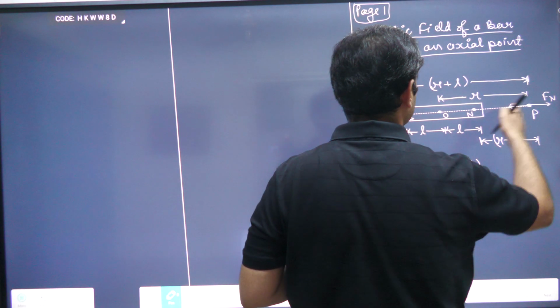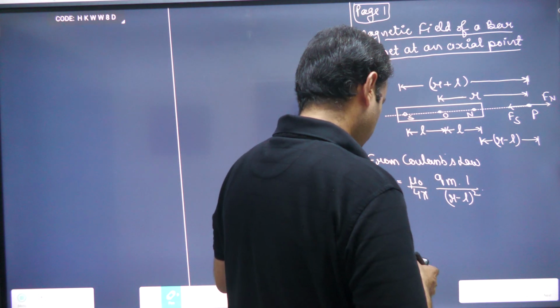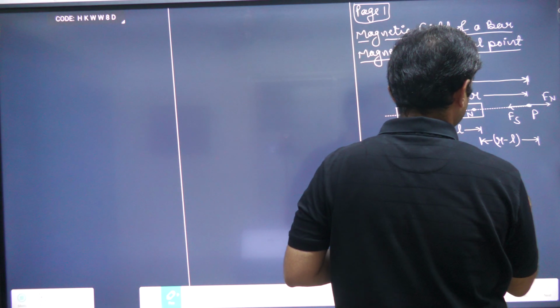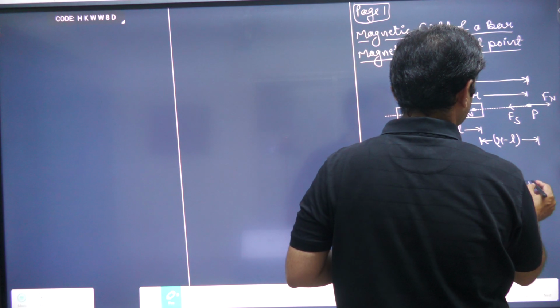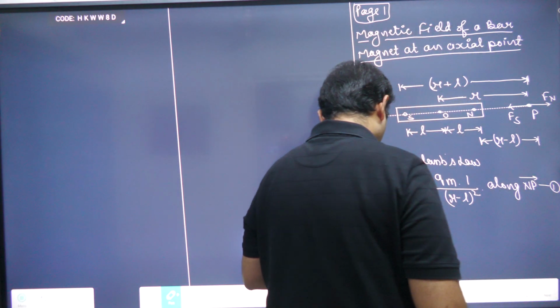Unit north pole means the magnetic pole strength at point P is 1. The direction is rightward, along the NP vector. This is equation number 1.